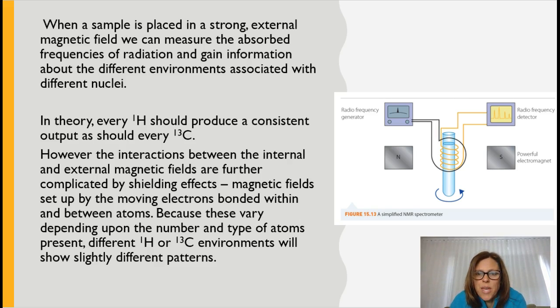So it goes through there, we have the radio frequency generator, and then we have it detected on our spectrum that we can then see. So different atoms will have different environments, even different hydrogens within our molecules will be in a different environment and therefore give off a different pulse, and we will look at these in further videos.